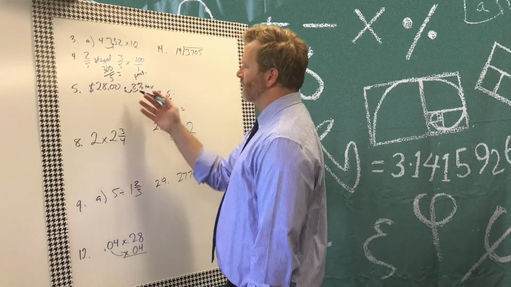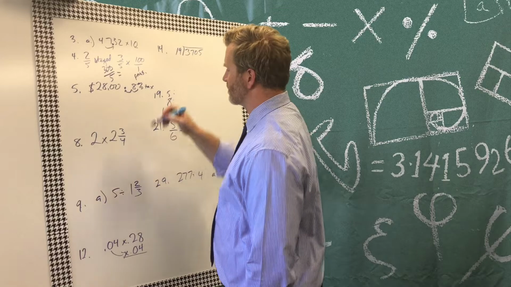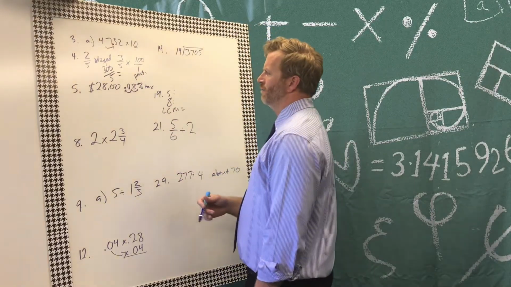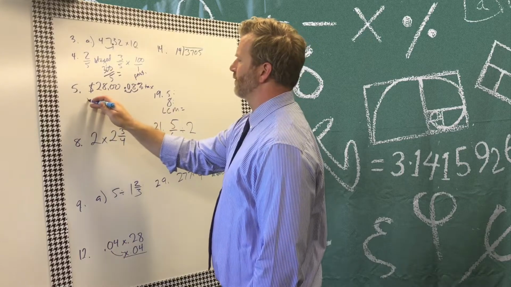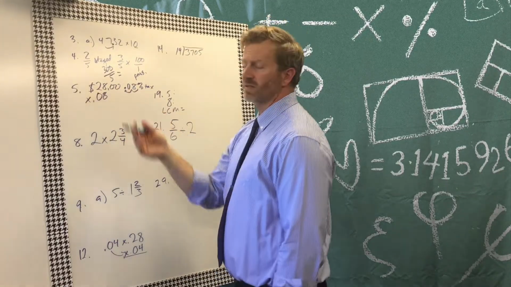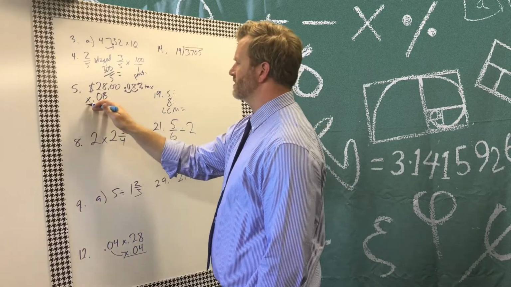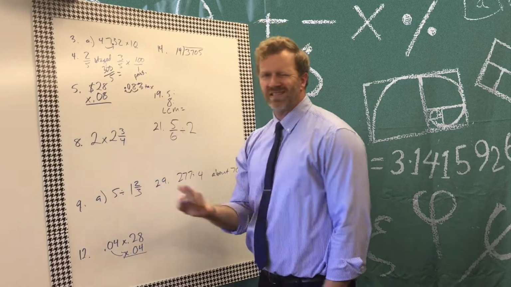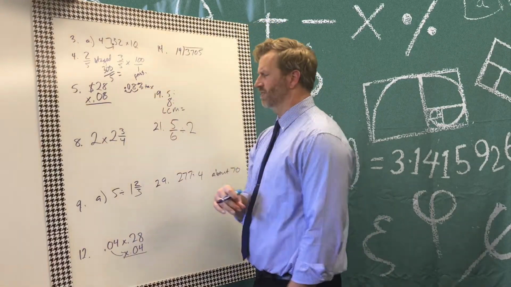Gracie, help me out. So if I have a space there, what goes in that space, Gracie? Absolutely, we've got to put a 0 in that spot. Now, we can multiply over here our 28 times 0.08. I'm going to get rid of the cents because they're not really important in that part of the question.